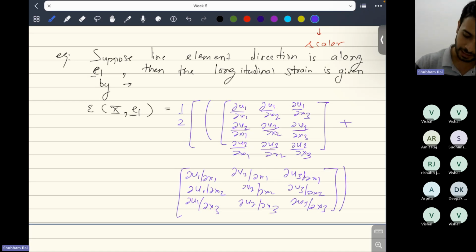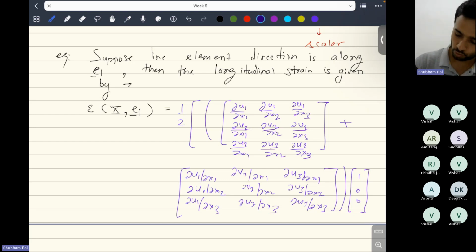Then you have to multiply this with the n vector. The n vector now is e1. What will be e1? Can you tell me? Yes, e1 will be 1 0 0, because only the first component will be present, the other two are 0.